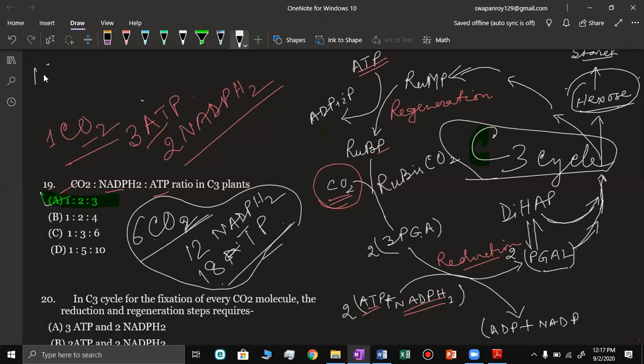So here, 1 carbon dioxide, 2 NADPH2, and 5 ATP molecules. This is for the C4 plant. The C4 plant has a higher requirement of ATP. Okay, we'll go to the next question.